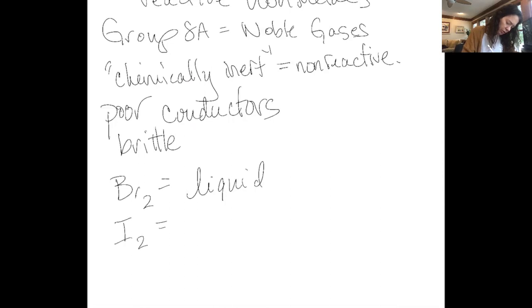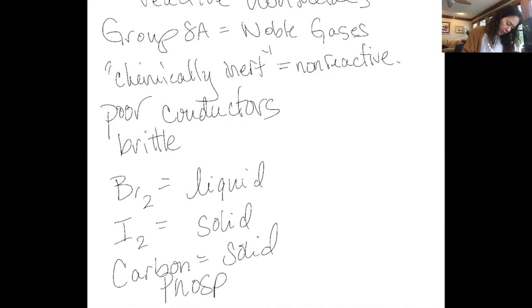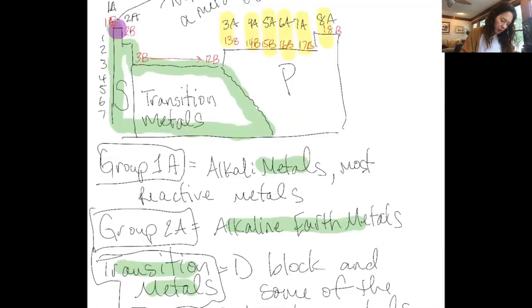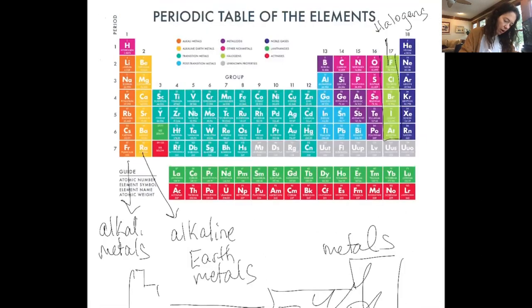I2 equals solid. Carbon, solid. Phosphorus, solid. That's basic.